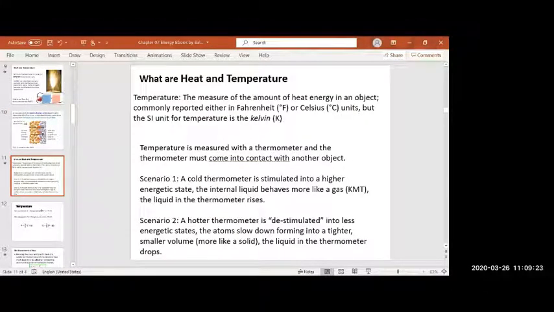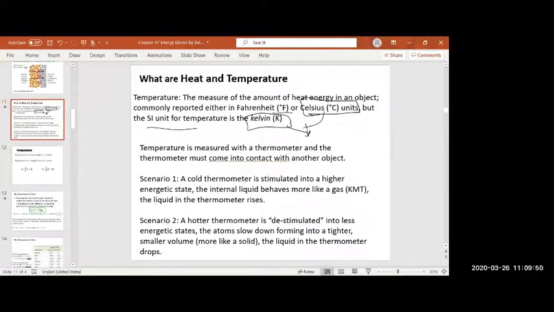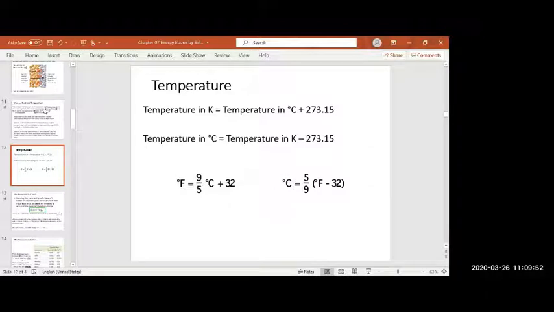Temperature, heat, we already talked about it. Now temperature is the measure of the amount of heat energy in our object. It is commonly reported in Fahrenheit, Celsius degrees, or Kelvin. Celsius and Kelvin both actually represent the SI unit, not only the Kelvin. We also learned how to go from Celsius degree to Kelvin or Kelvin to Celsius degree using these two equations.